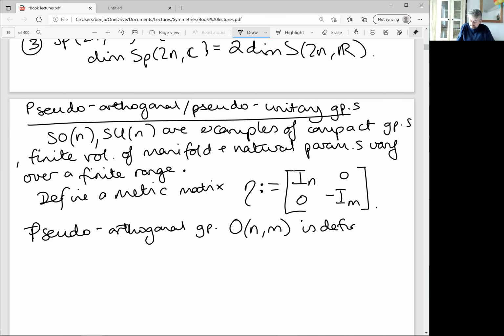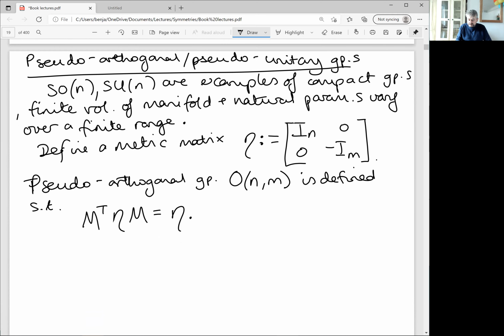So this is defined such that M transpose eta M is equal to eta. It's actually just like the orthogonal case, except now we have some minuses in some entries down the diagonal, whereas before we'd have only had pluses. And it's defined for n plus m by n plus m matrices.